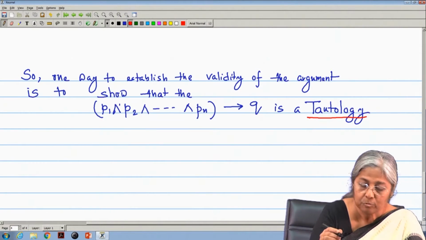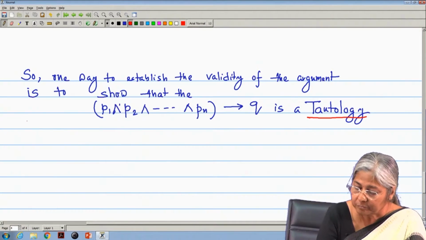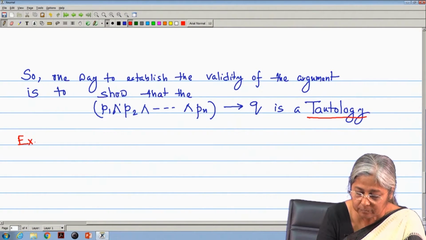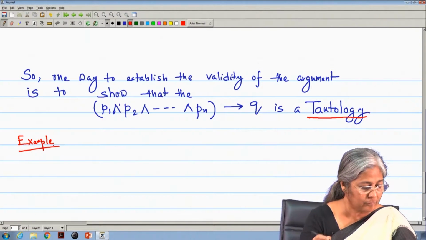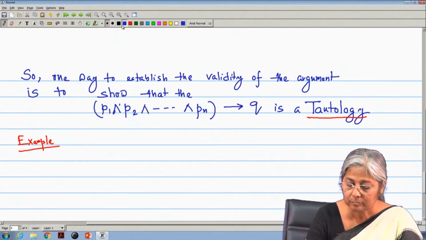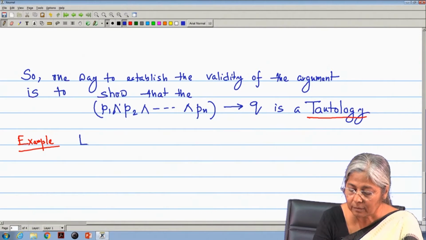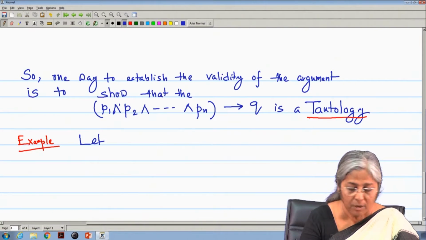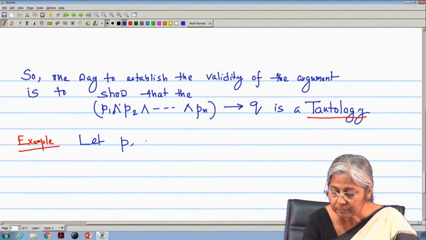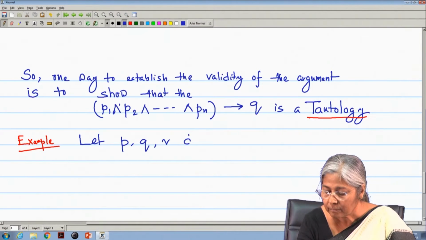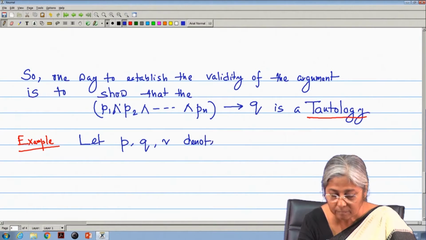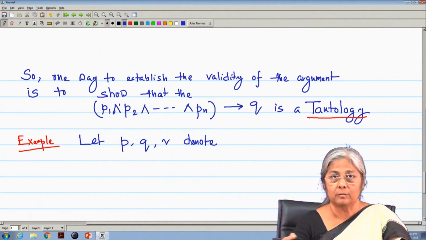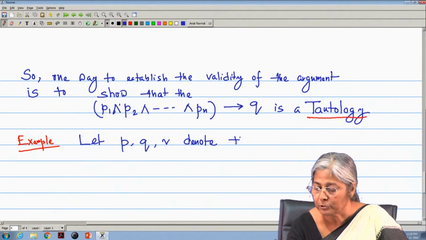Okay. So, we take one example. Let P, Q, R denote the following propositions.